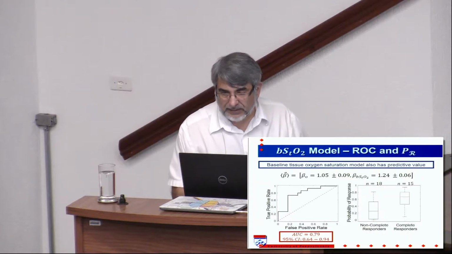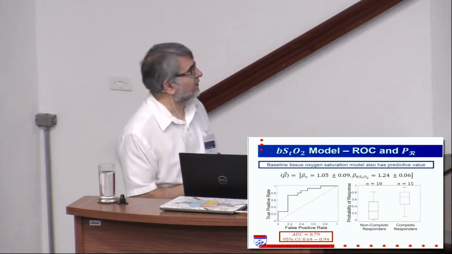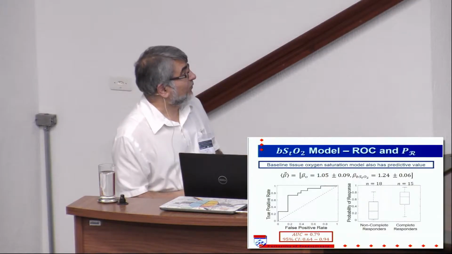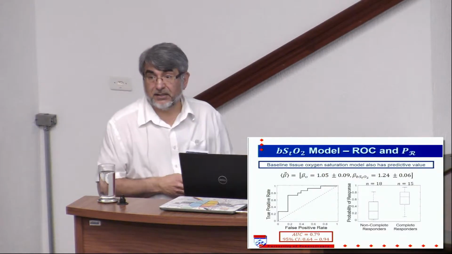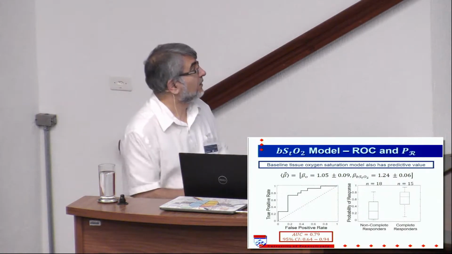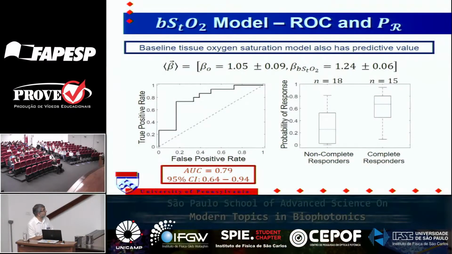We also found out that if you just looked at the baseline z-score of the oxygen saturation before you started the chemotherapy treatment, it wasn't as good as if you looked at the early time point. So you could see how the tumor is remodeling compared to the other tissue when it's responding compared to not responding. But it still was pretty good. It was still pretty helpful.